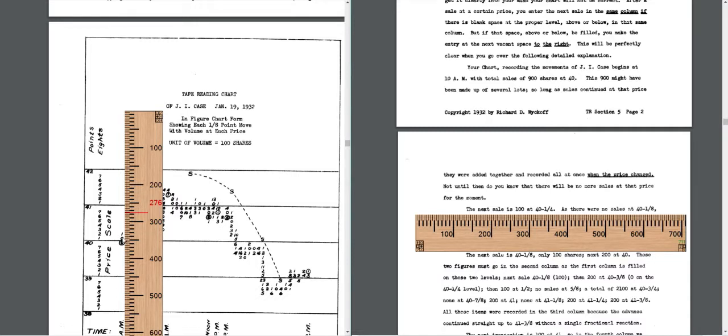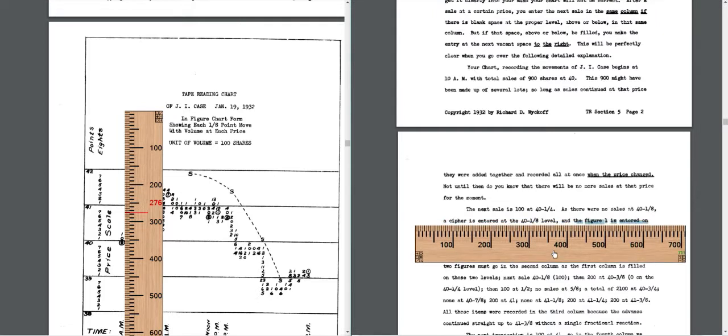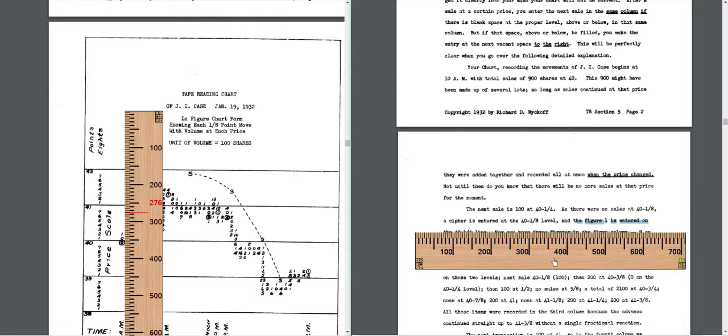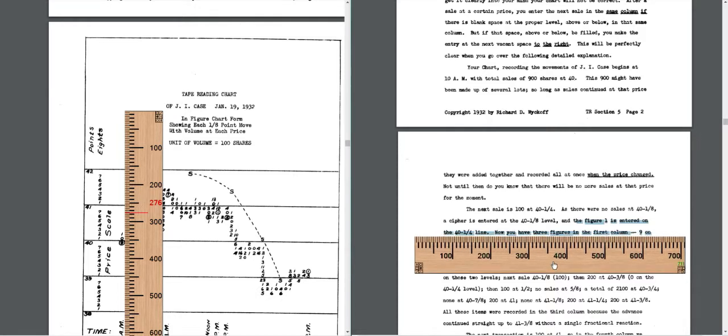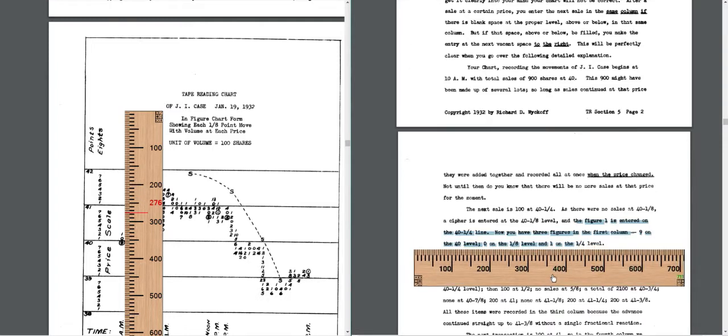As there were no sales at 40 and 1/8, a cipher is entered at the 40 and 1/8 level, and the figure 1 is entered on the 40 and 1/4 line. Now you have the figure 9 in the first column, and 0 on the 1/8 and 1 on the 1/4 level.